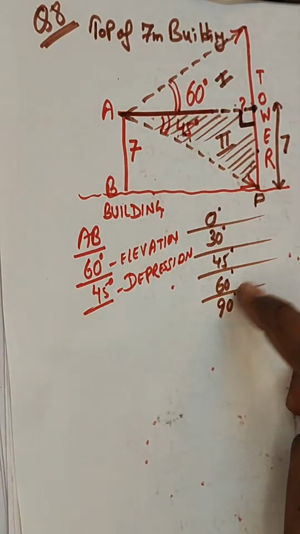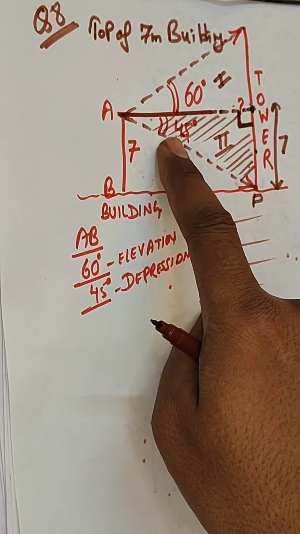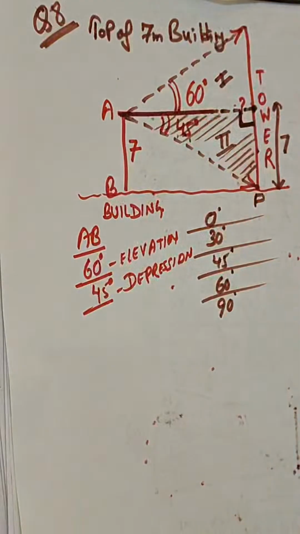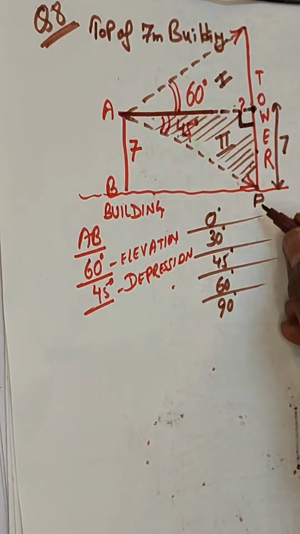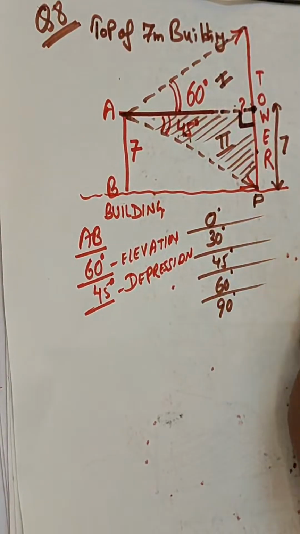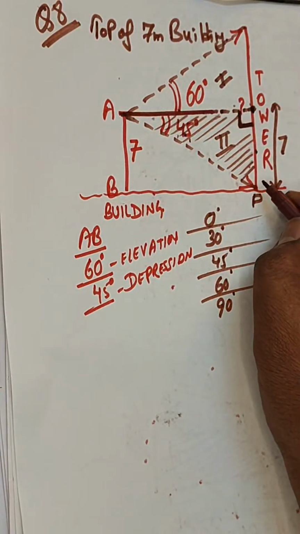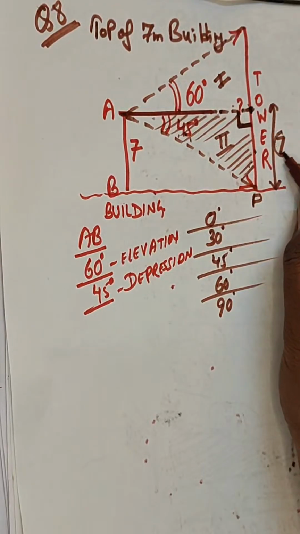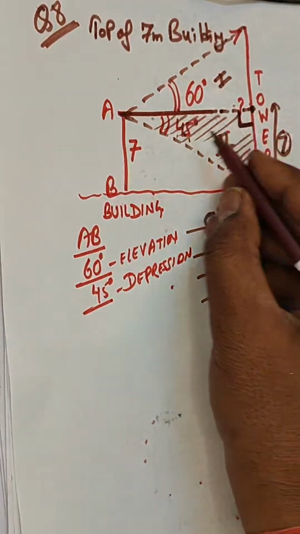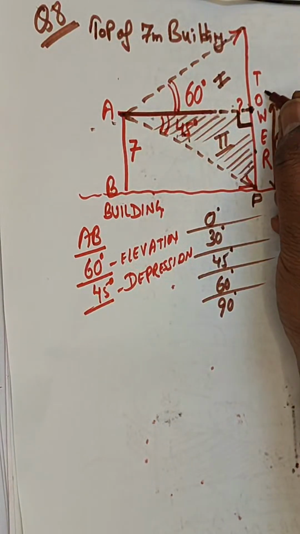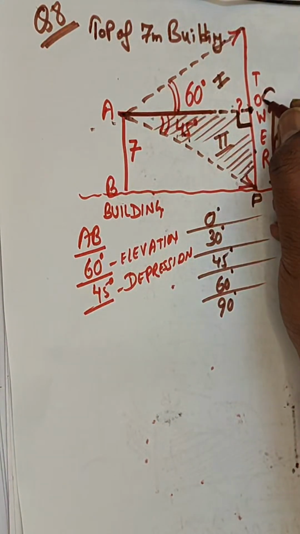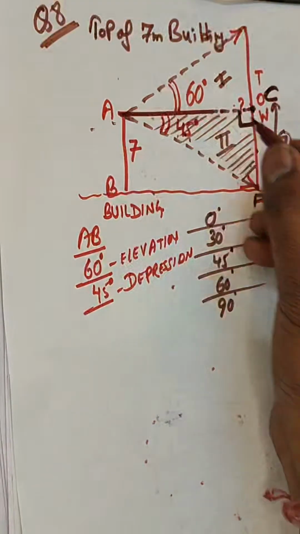So use this concept, apply the trigonometrical ratios over here, find the missing part. To find the height of this tower, you need this length. It's already known to you, 7, right? So using this, calculate this length from A to this point. Let us say this point is C. Calculate AC.